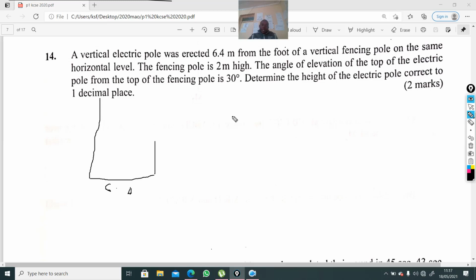The fencing pole is 2 meters high, and the angle of elevation of the top of the electric pole from the top of the fencing pole is 30 degrees.